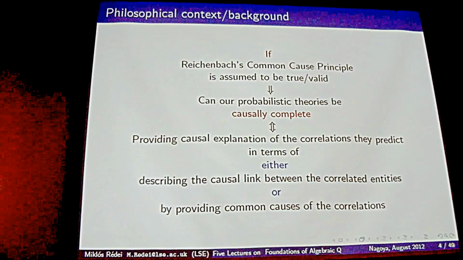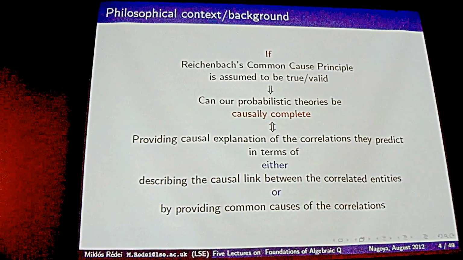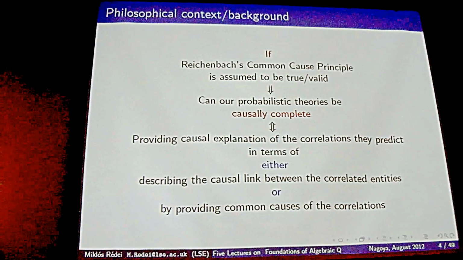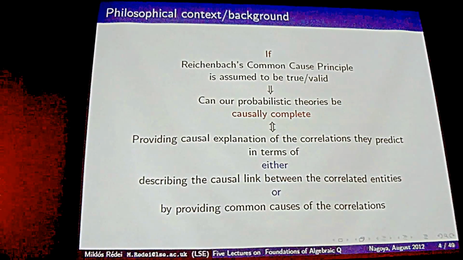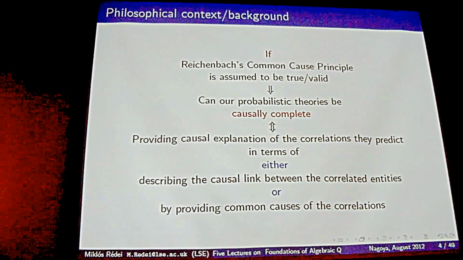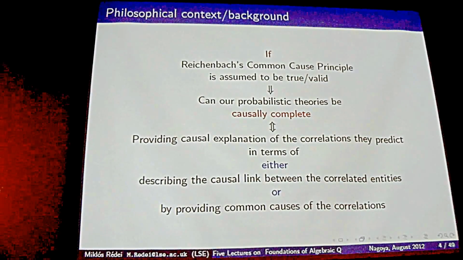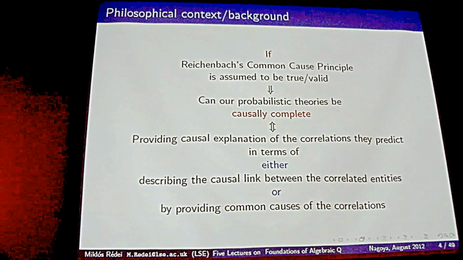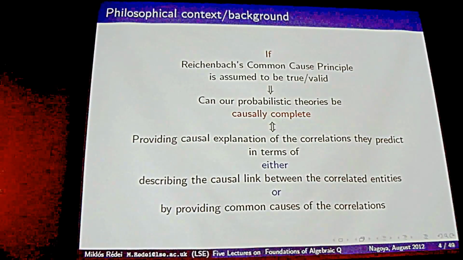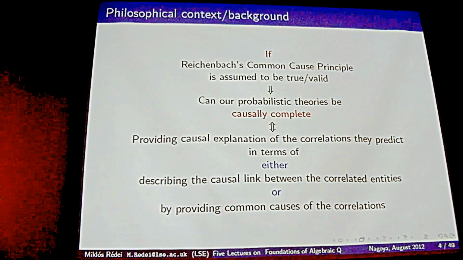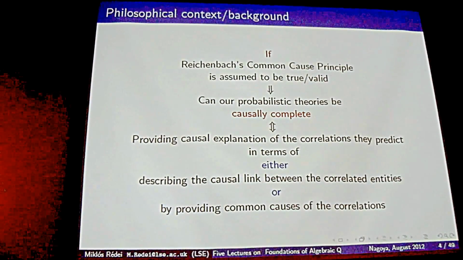Now, let's assume that the principle is valid. Then it's a very natural question to ask whether our theories are causally complete, can comply with this principle in the sense of being causally complete by providing that causal explanation which the principle says should be there, either in terms of a causal connection or in terms of a common cause.